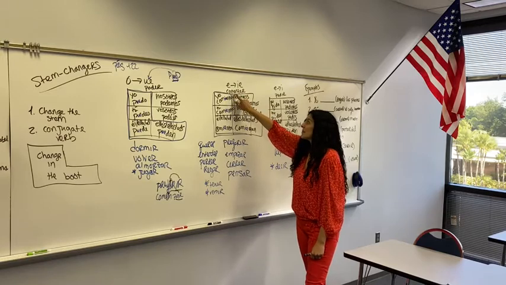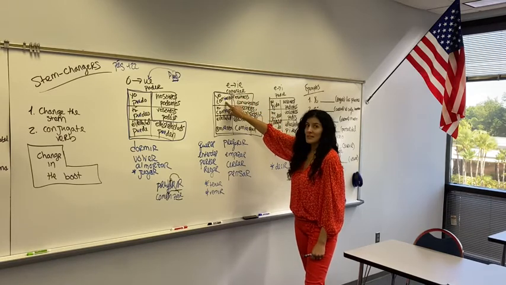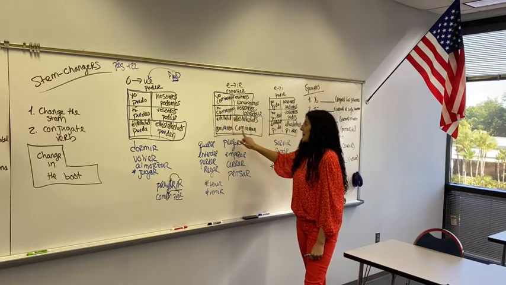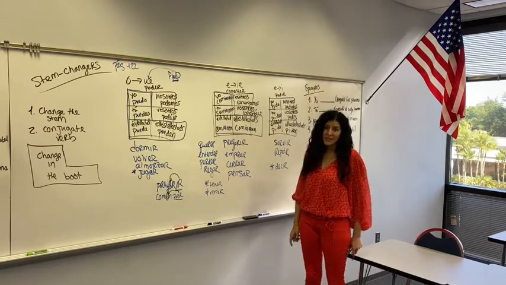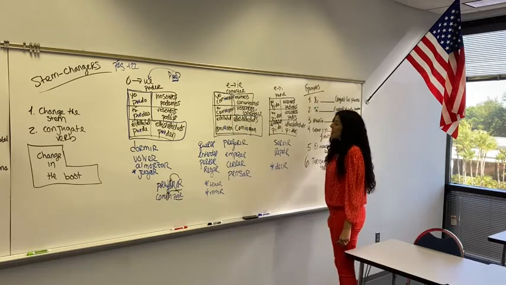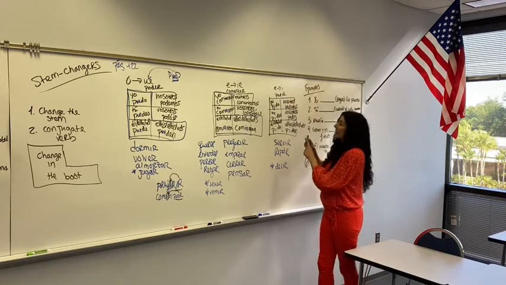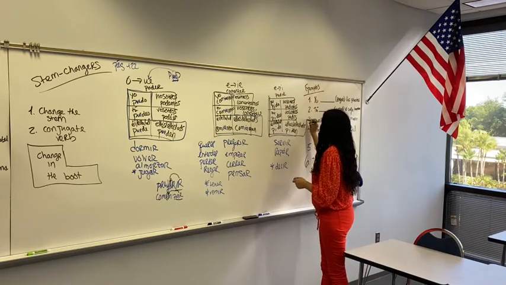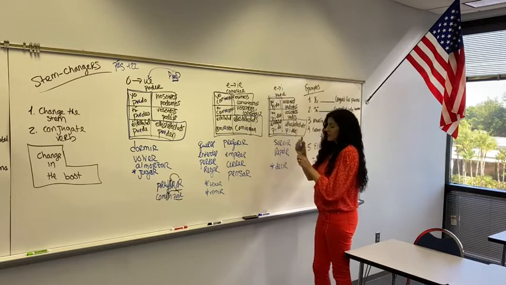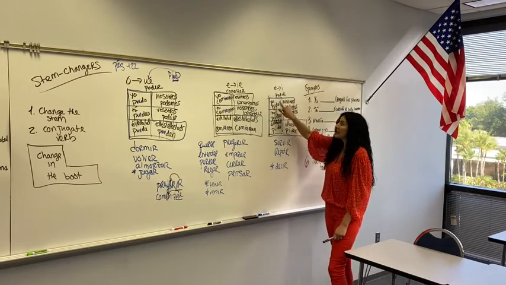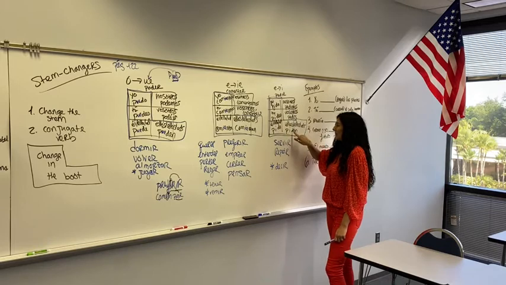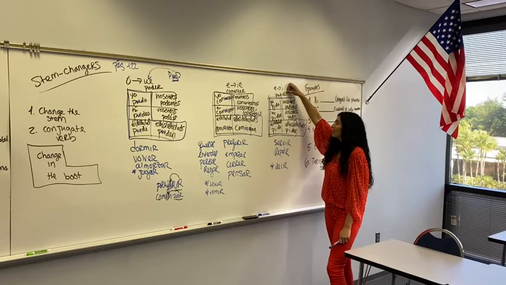So here, I took out this E and I substituted IE before I conjugated it. And here as well, I took out E and I added I, and I only did it in the boot formation. So I took out this E and I added I here. And then I conjugated it like a regular IR verb.